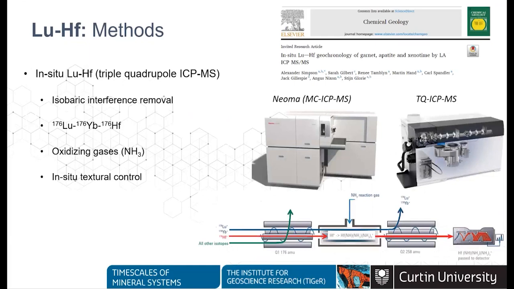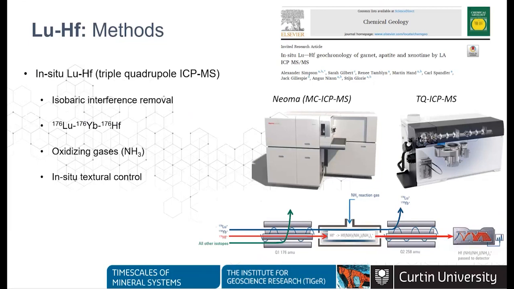So I'm going to talk a little bit about the triple quad instruments, which Hugo is going to talk about as well. With the lutetium-hafnium system, the problem before is that 176 lutetium, 176 ytterbium, and 176 hafnium all overlap, so there are mass isobaric interferences. With these new instruments, the triple quad that we already have, and the NEOMA that we bought, which is going to arrive in the first semester next year, we can add an oxidizing gas, which will promote a mass jump in the isotopes.